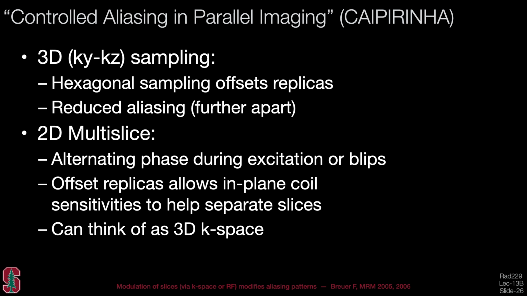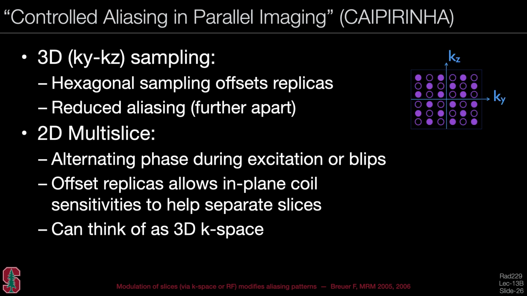You can also think of this as a 3D K-space here. So here is the checkerboard type sampling pattern here. And this is the resulting aliasing pattern that you get from a circular object here. And what you see here is that with this pattern, we've pushed those aliased replicas that if we simply just skipped every second line, these would actually be overlapping.